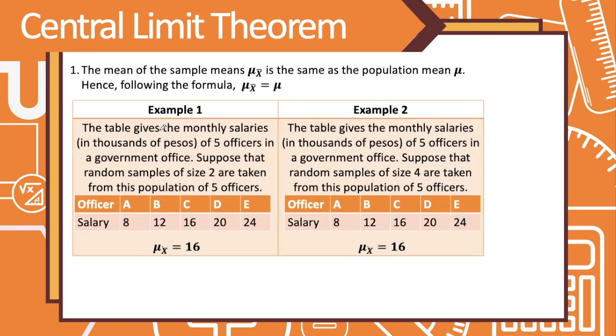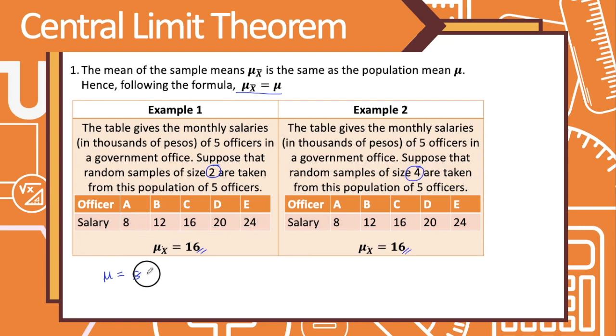So look at the examples a while ago, iba yung sample size natin. Okay? So, yung isa size 2, yung isa size 4. But notice that we will arrive at the same mean. And also, our mean of the sample mean is 16. If we get the population mean, ang population mean natin is the average of the population. So, ang population natin ay yung lahat ng salaries.